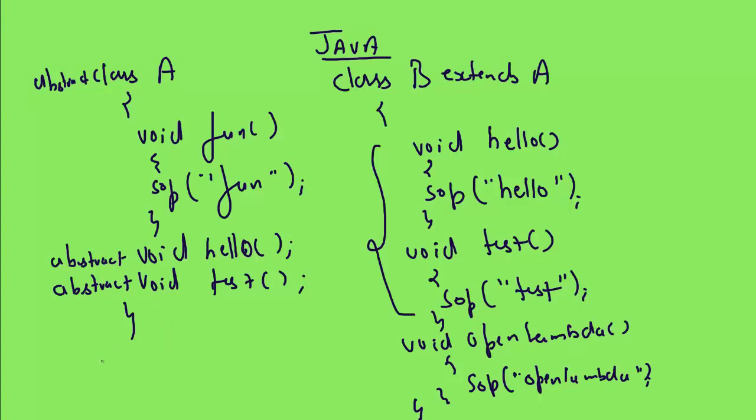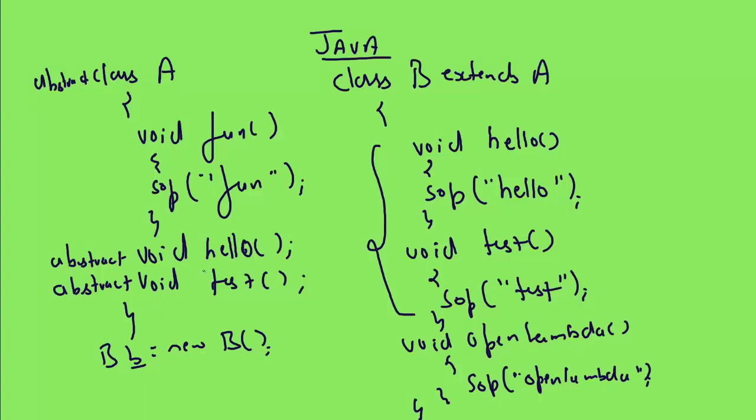Now invocation of the members is very simple. What will I do is, I will go ahead and say A is equal to new A, which is not possible at all, but I can always say BB is equal to new B. Now when I say BB is equal to new B, the object of the subclass would be created. Through B I can access all the members of superclass and subclass: fun, hello, test and open lambda, right?